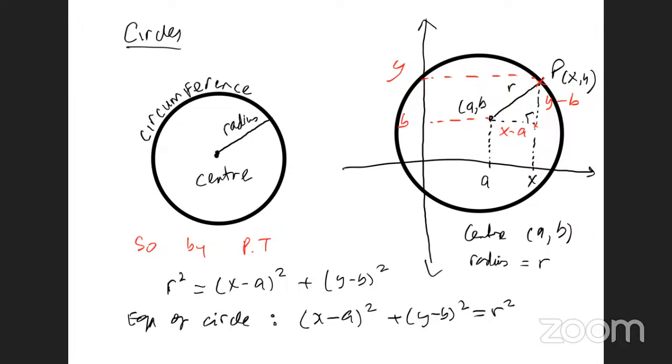All right, so if I give you an equation, all you have to do is take out A and B, and that'll be the center. And then take out R, and that'll be the radius.